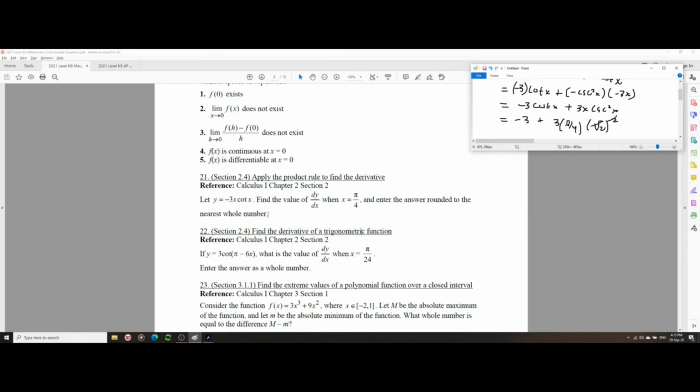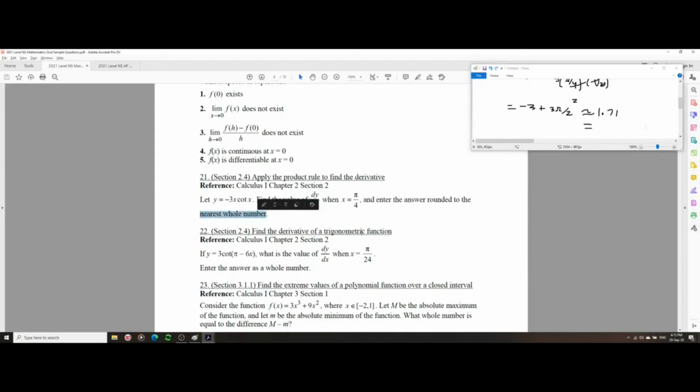This and this cancel, so you're left with 2. 2 and 4, this gives 2, so you're finally left with the simplest form, minus 3 plus 3 pi over 2. Which is approximately, if you do it in the calculator, let me double check, it is 1.71. They want the nearest whole number, so 2.